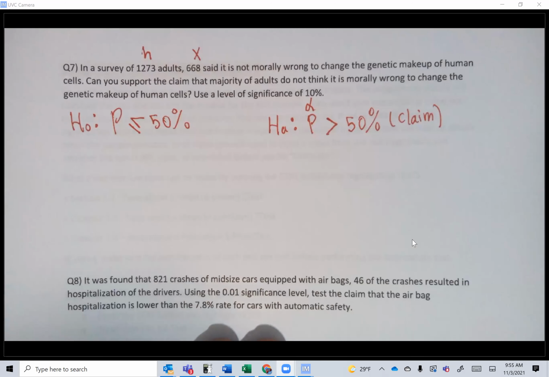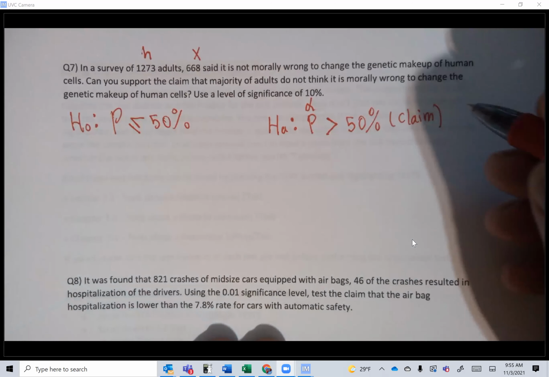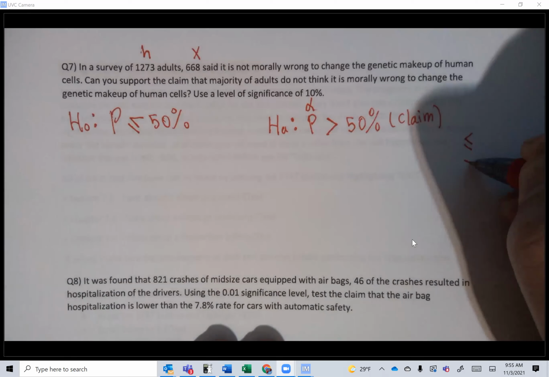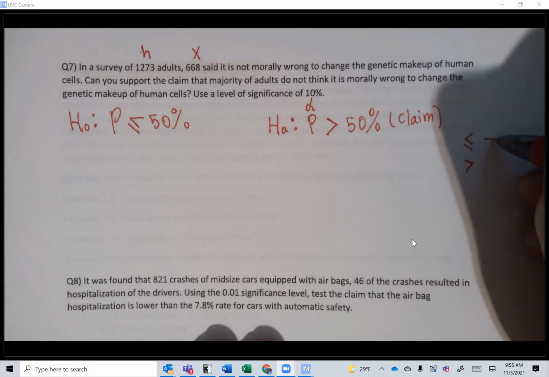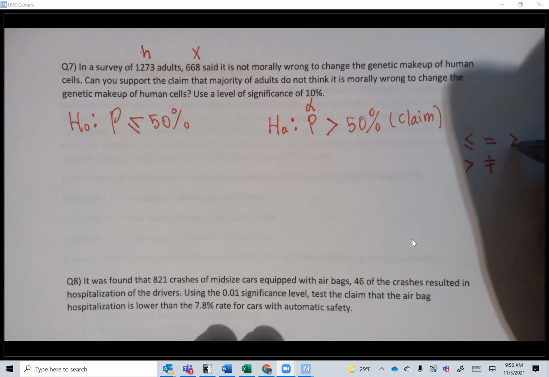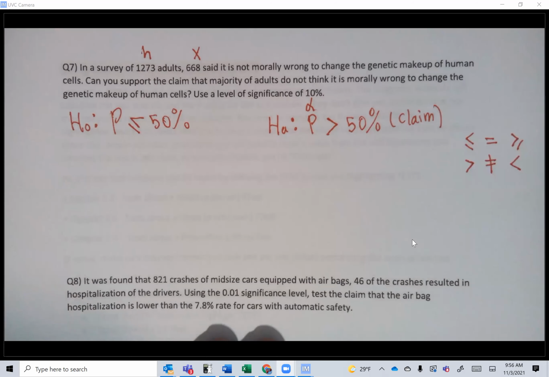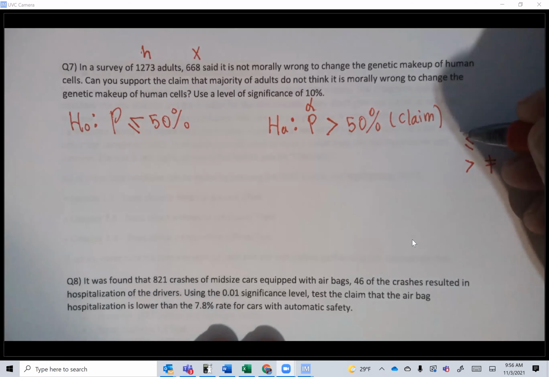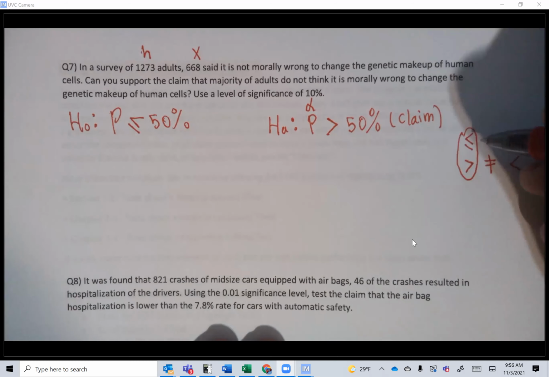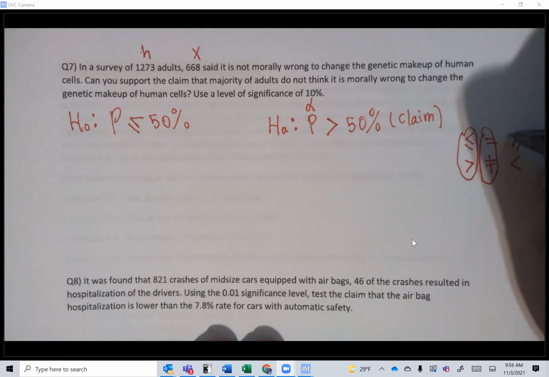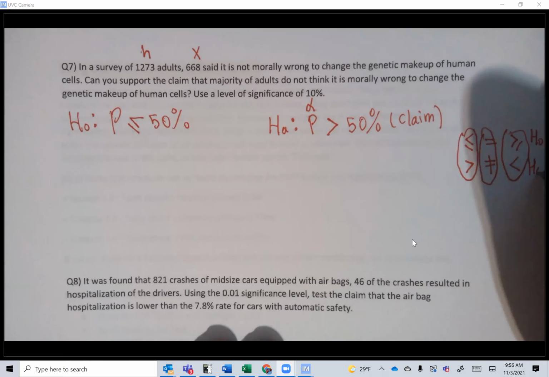Remember again, guys, these two must always be together. These two must always be together. And these two must always be together. In any question, guys, you must have either these two. This is H0, and that's HA.